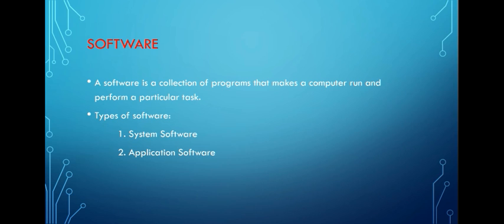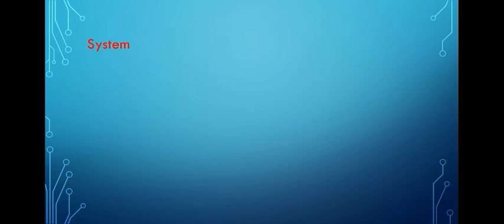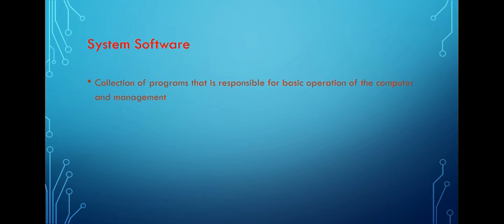Types of software. There are two types of software: system software and application softwares. Now we are going to study about these softwares. System software, a collection of programs that is responsible for basic operation of the computer and management and control of hardware devices, is known as system software.